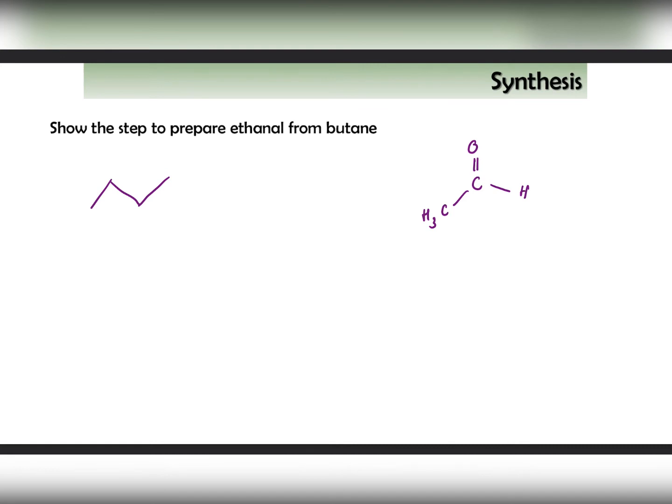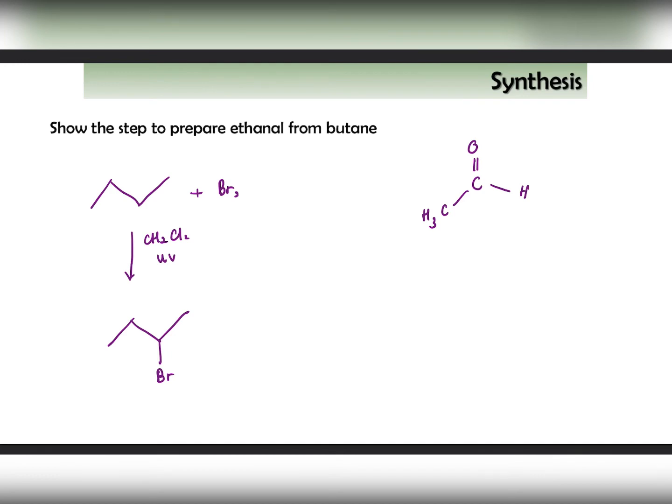Okay, so from your butane, butane boleh react dengan Br2 first, and with the presence of UV. So ini kita back to the basic concept untuk free radical substitution.